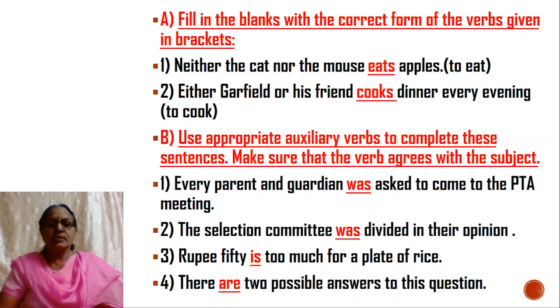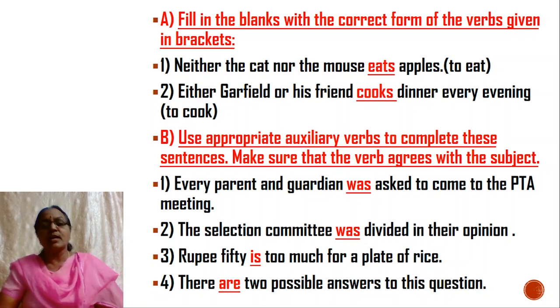The next one is, use appropriate auxiliary verbs to complete these sentences. Make sure that the verb agrees with the subject. Here again, we have to use appropriate auxiliary verbs. I think, children, you know what auxiliary verbs are.